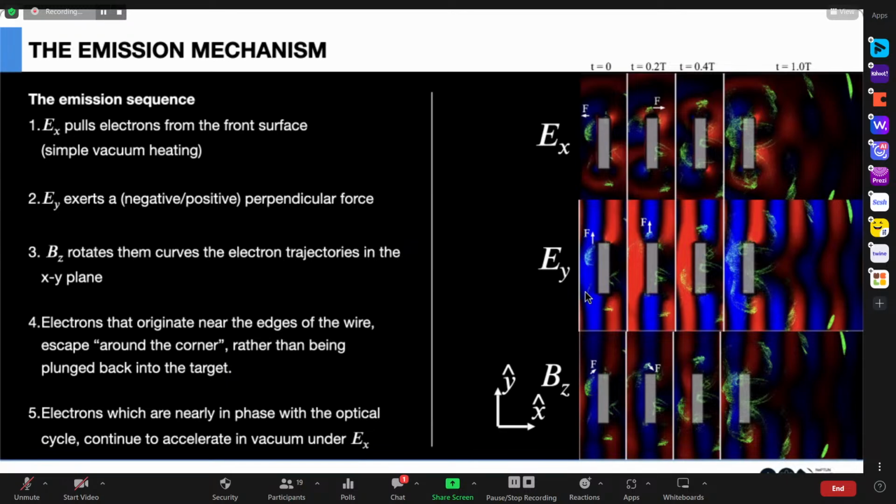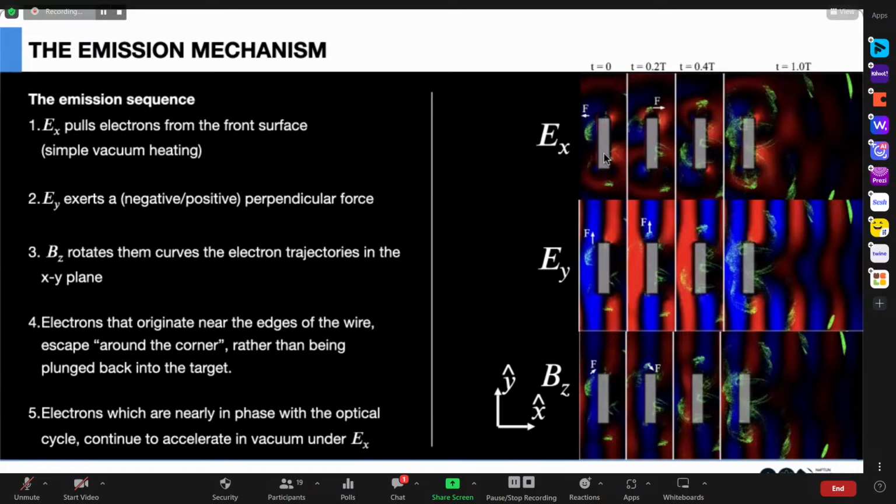The transverse field gives them a transverse motion, but for an extended target, for large flat surfaces, this has no consequences. The electrons are being pushed transversely, maybe a little bit, but they are immediately pushed back when the optical cycle switches. After half an optical cycle, where the laser field switches sign, they are pushed into the material.